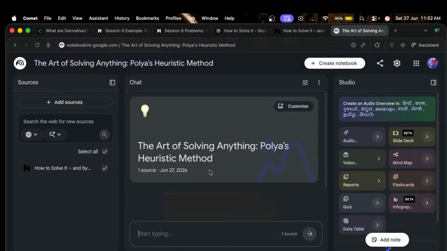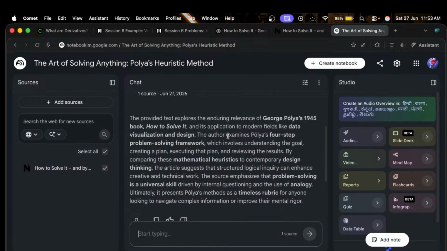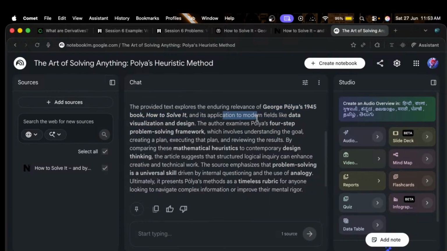It's basically the art of solving anything. It explores George Polya's 1945 book and its application to modern fields like data visualization design.